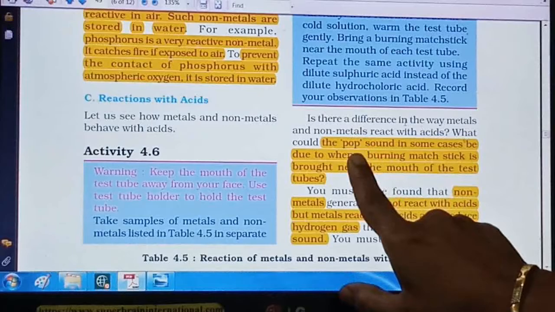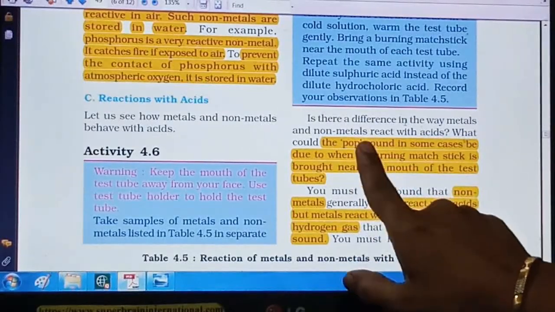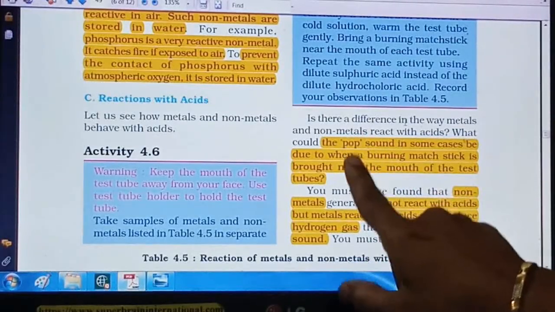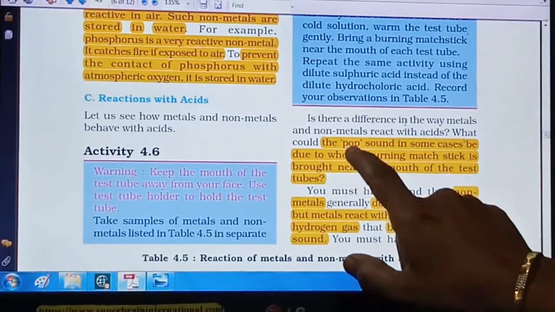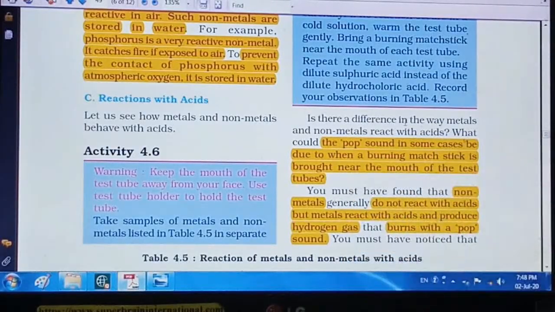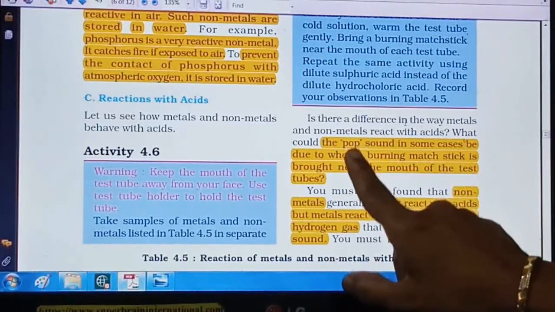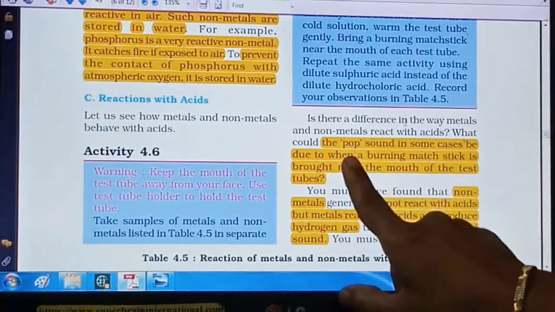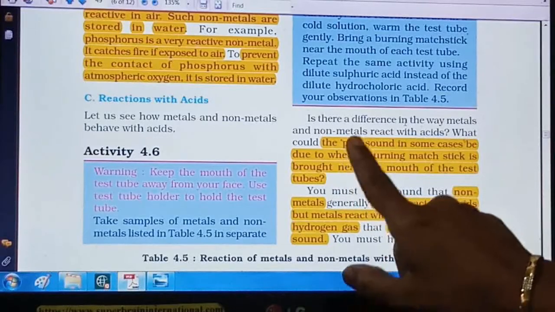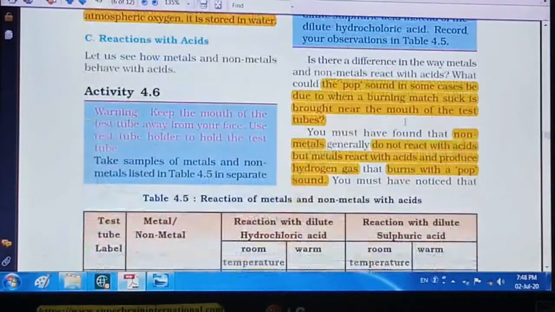Whenever we bring the burning matchstick near the test tube and if that gas is hydrogen gas, we are able to hear the pop sound, right? So wherever you hear the pop sound with the burning matchstick, there you can be 100% sure that hydrogen gas is released in that reaction, right?